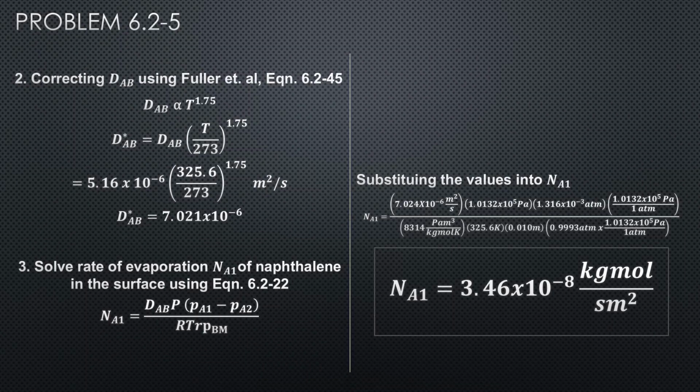So the formula of the rate of evaporation is just equal to the corrected diffusivity, times the surrounding pressure, times the difference of the vapor pressure of A at point 1 minus the vapor pressure of A at point 2, over the real gas constant times the temperature times the radius of the sphere times the log mean pressure of B. Substituting the values into our formula, we get that the value of the rate of evaporation of naphthalene in the surface is equal to 3.46 times 10 raised to negative 8 kilogram mole per second meter squared.